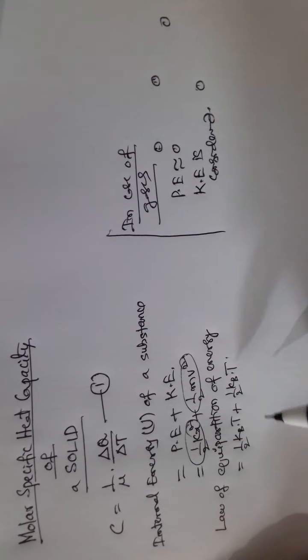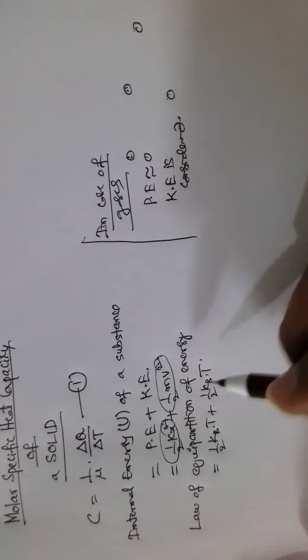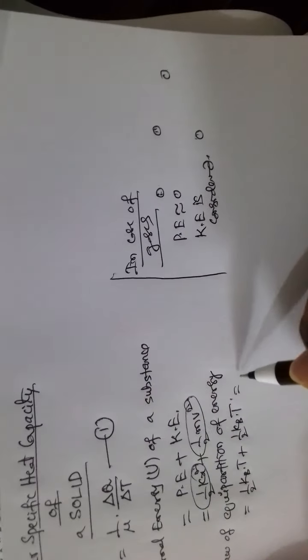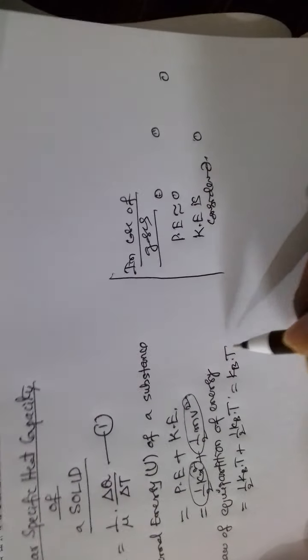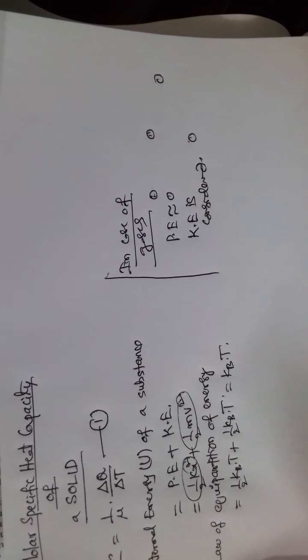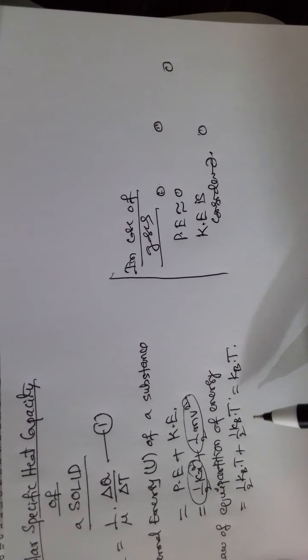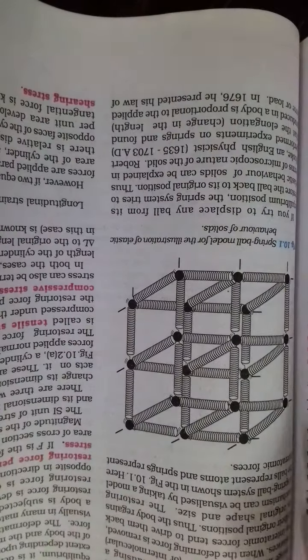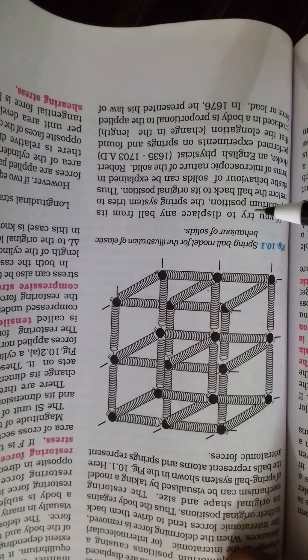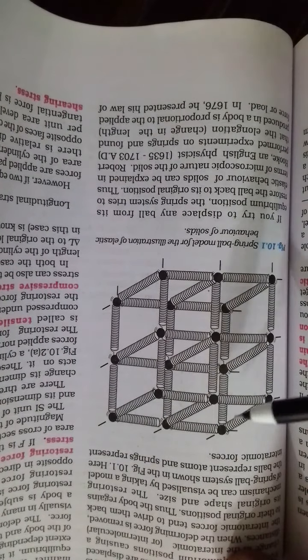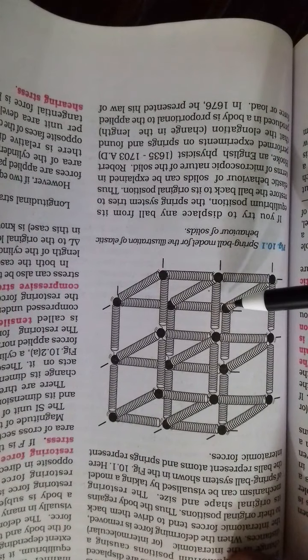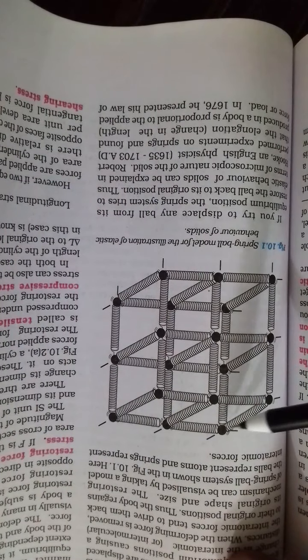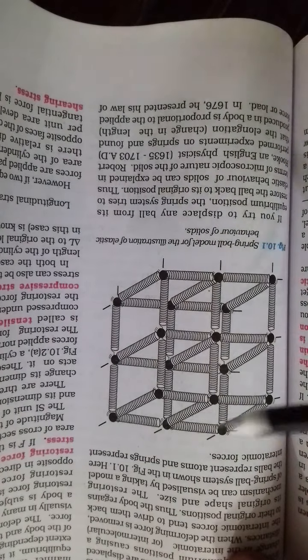So the total energy becomes kBT. But this is for one dimension. A solid is a three-dimensional object. This is the x-axis, this is the y-axis, this is the z-axis.